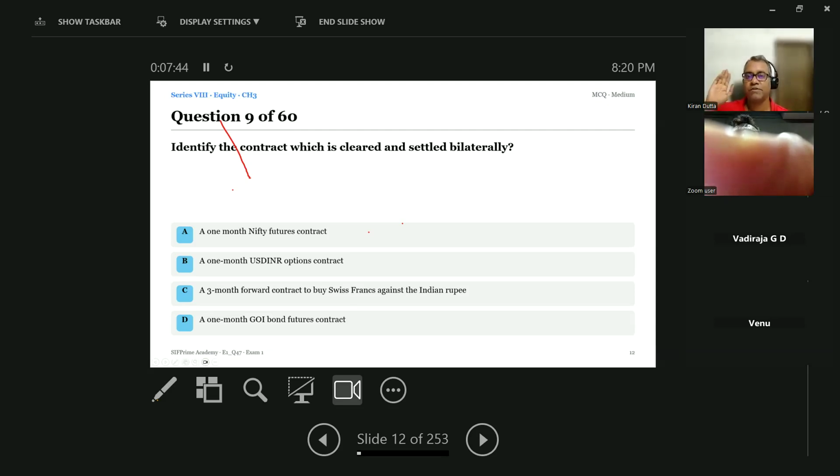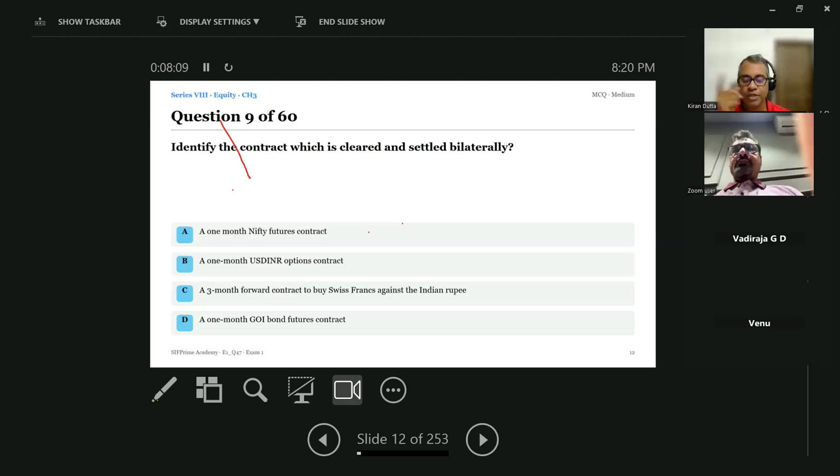Forward contracts are always settled bilaterally, right? Future contracts are always standardized, right? So here, even if you don't know the answer, let's try to eliminate the options. What is Nifty future contract? Is Nifty future contract settled bilaterally? No, right? What is bilaterally? Between you and me, or between two parties. So you can remove that.